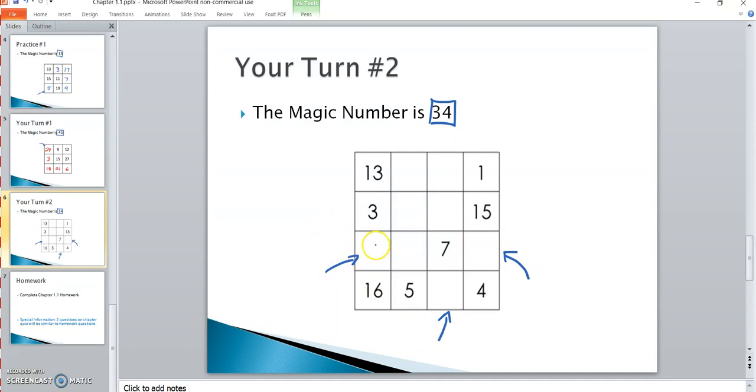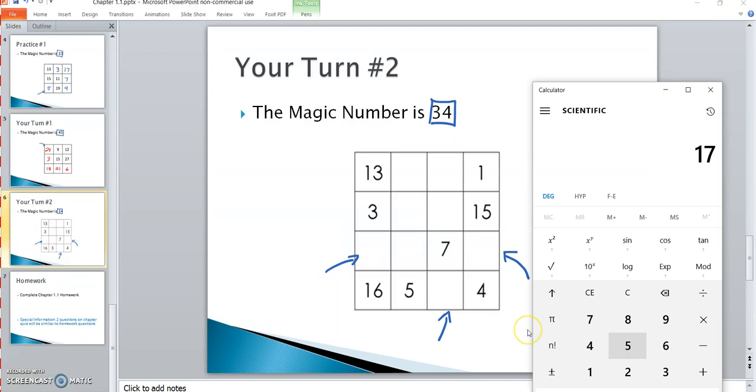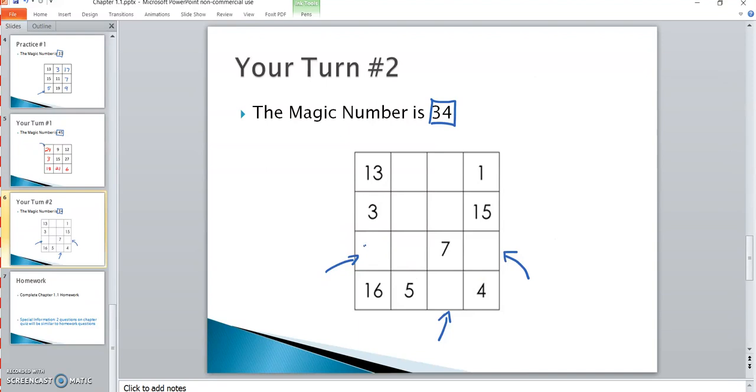So I am going to start off with this one right here. I'll start out with my magic number, 34, and take away 13, take away 3, and take away 16. And I'm left with 2.